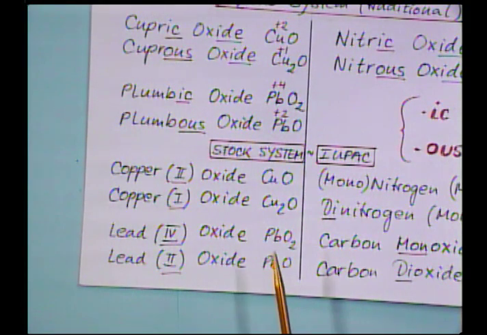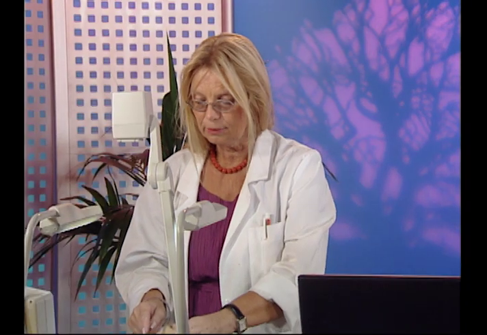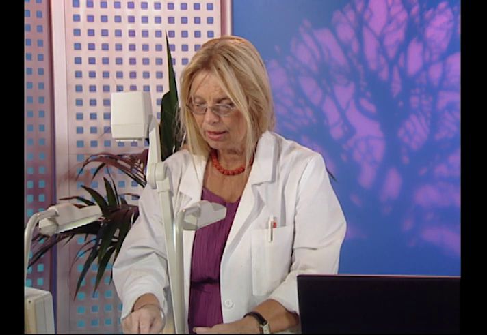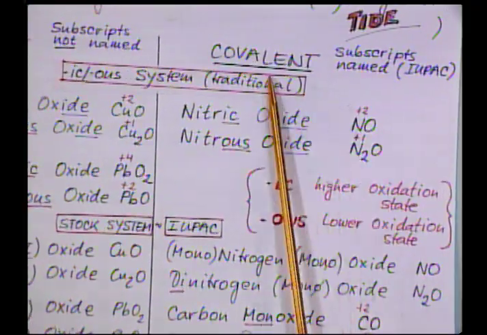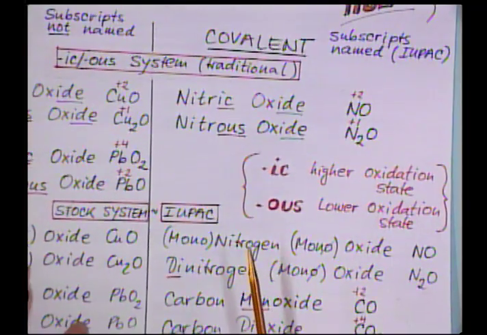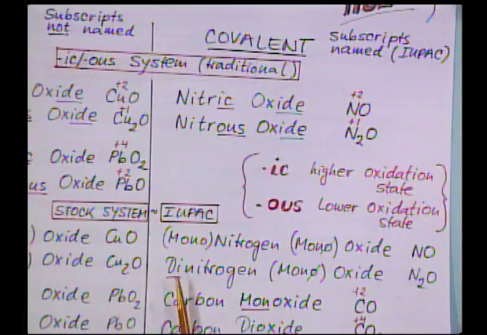So we covered the ionic substances, and we know what to do. We'll see some examples in a minute, but let's now move over to the covalent molecules, the covalent compounds. Here we must name the subscripts in the IUPAC naming rules. But if we stick to the ik-us system, we don't have to do that.